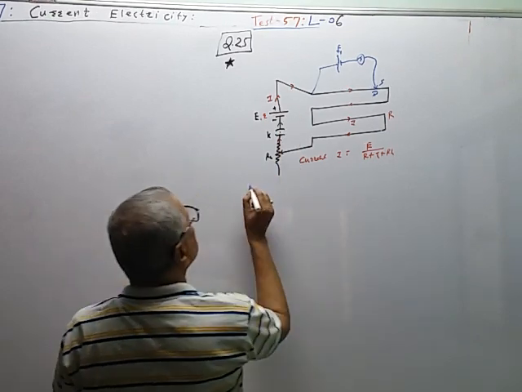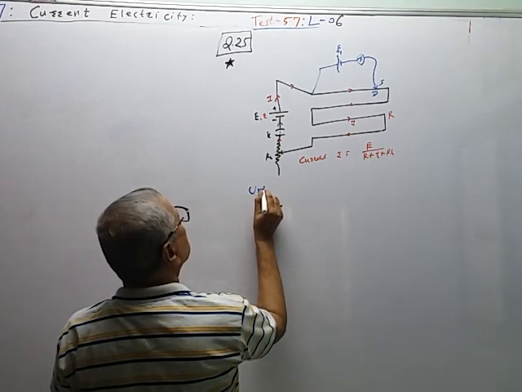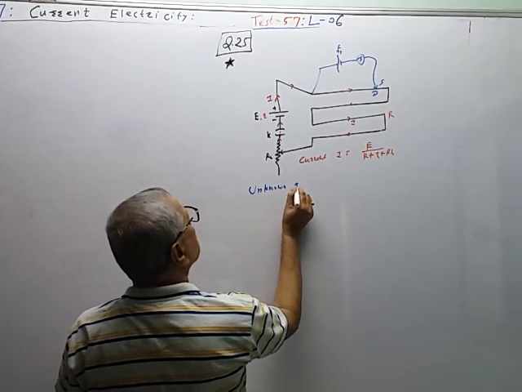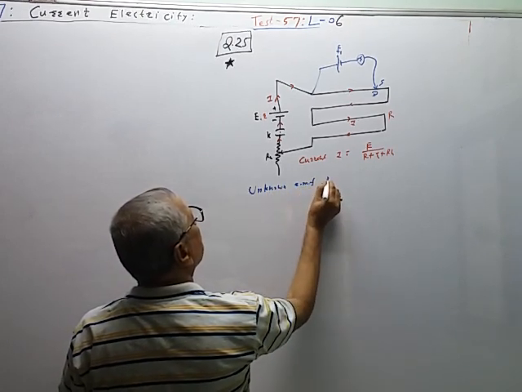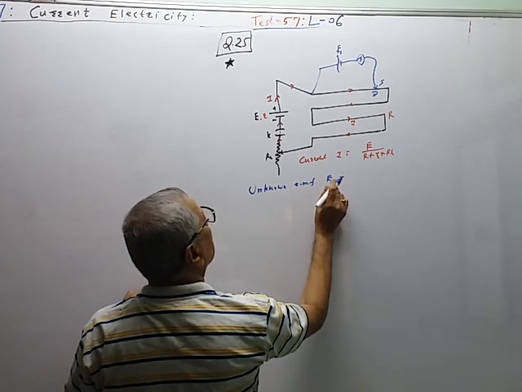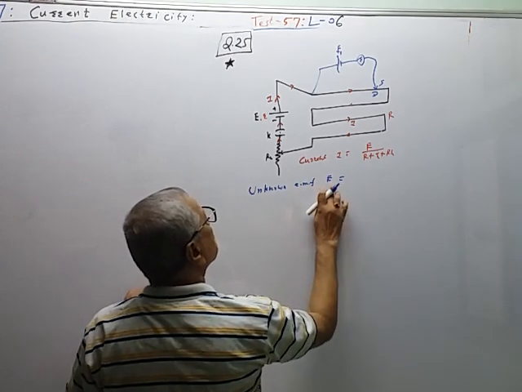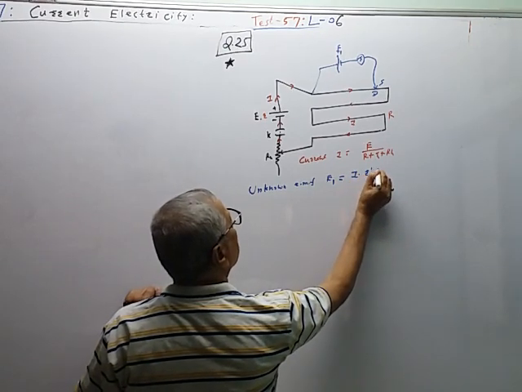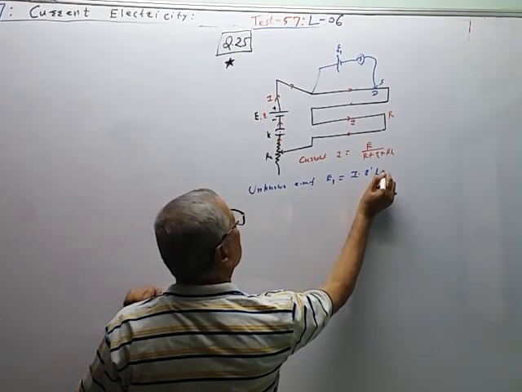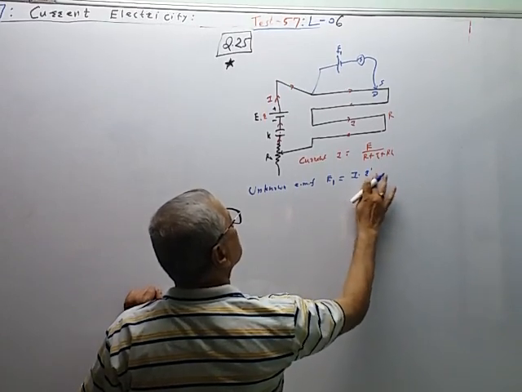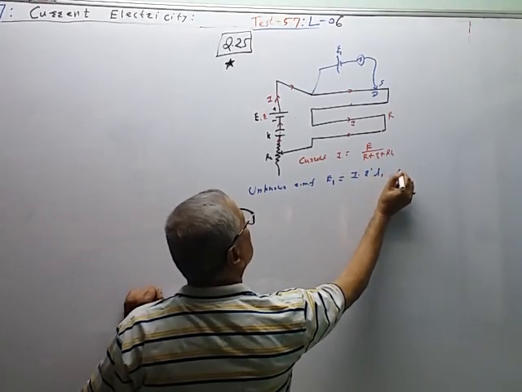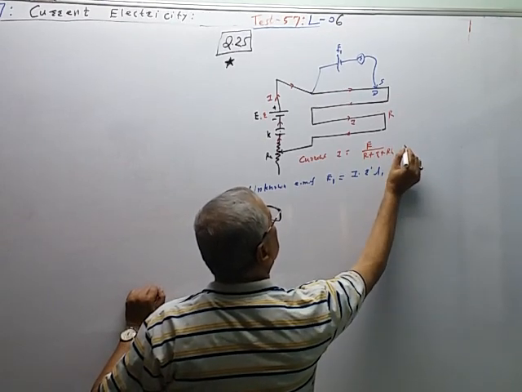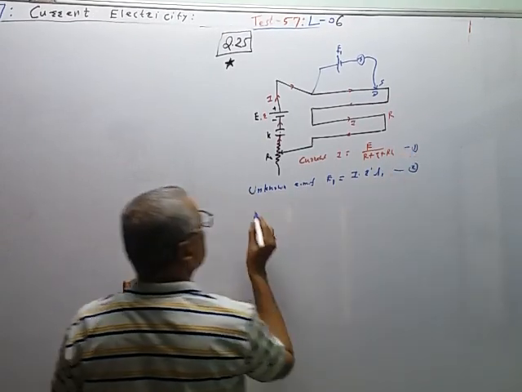Now, unknown EMF E1 is equal to R dash L1. This is equation 2. This is equation 1.